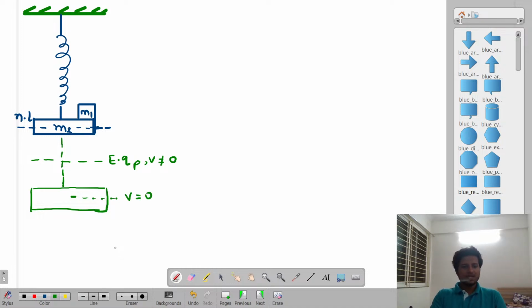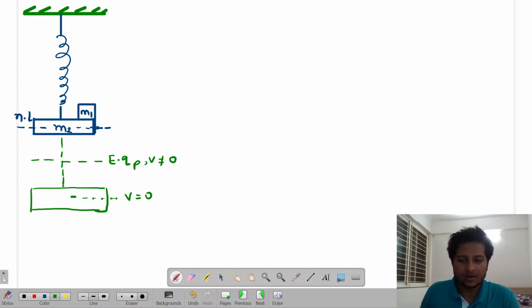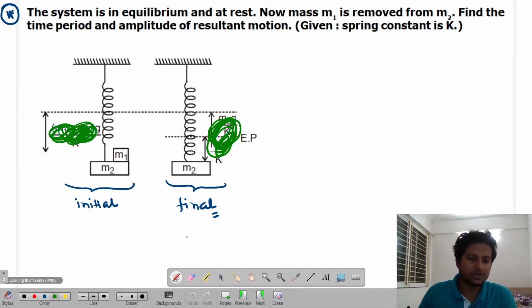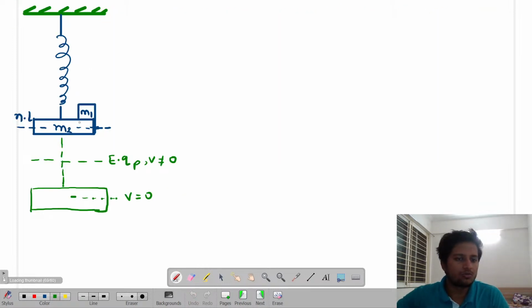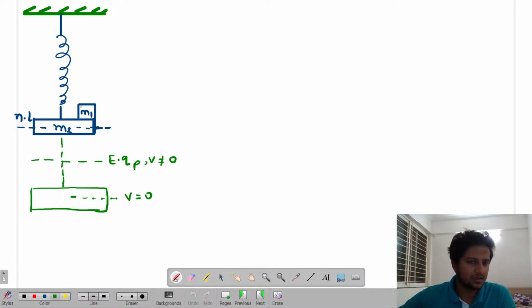We are removing the body. First understand the question. Two blocks are kept over here. Now the spring will expand. We are not removing this m1 at the equilibrium point. We are removing it somewhere else, where its velocity is zero. Is that clear or not?